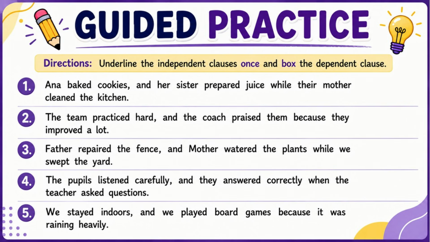Father repaired the fence and mother watered the plants while we swept the yard. 4. The pupils listened carefully and they answered correctly when the teacher asked questions. And number 5, we stayed indoors and we played board games because it was raining heavily.